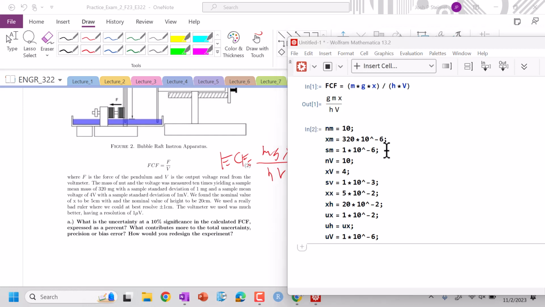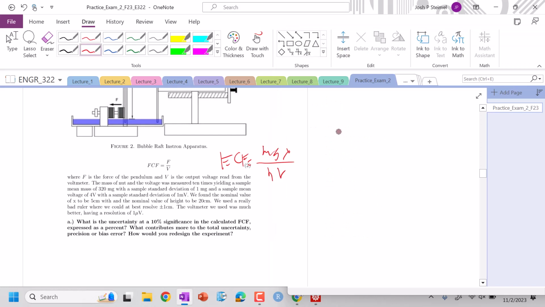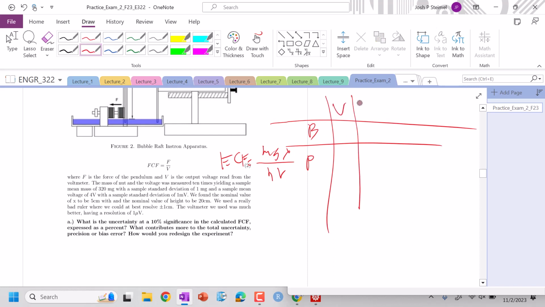So let's go back to our function. We have parameters: mass, gravity, x, h, and voltage, and we have bias and precision. Mg, x, h, v. Good. Gravity, neither.